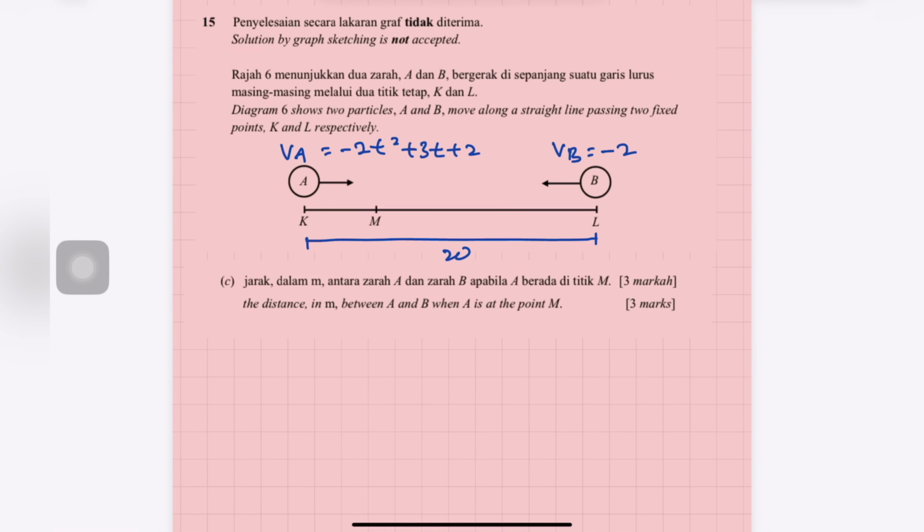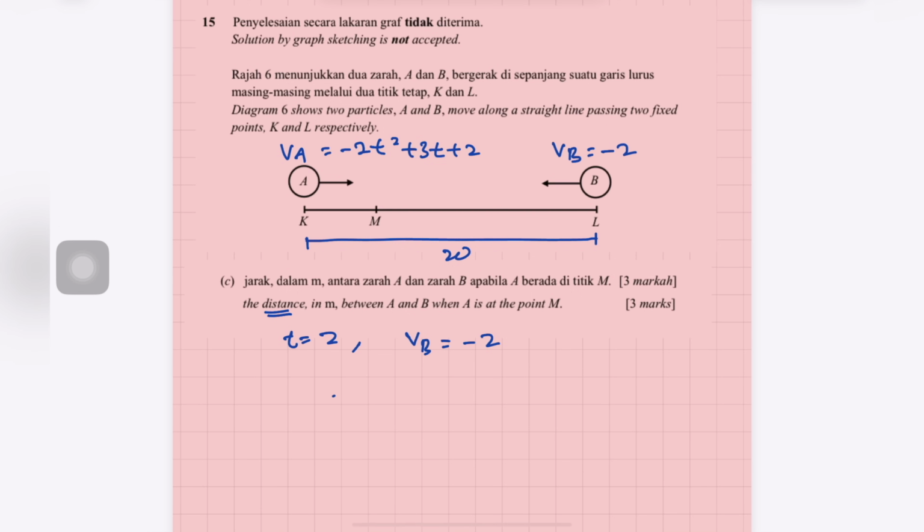C. Find the distance in meter between A and B when A is at point M. Just now we know when A is at point M, t equals 2. For particle B, just now given VB constant velocity equals negative 2. To find the distance, we need to find the displacement. To find the displacement of B, we need to integrate.